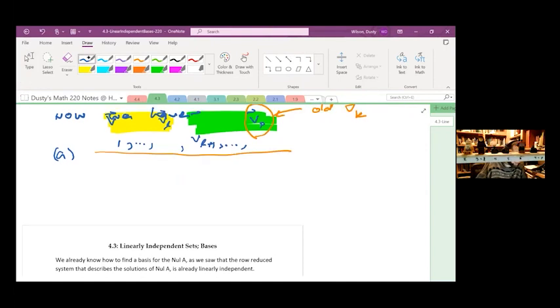All right, so if we let X in H be given, so it's in our space, then what does it mean for it to be in H? It means that it's within the span of these vectors.